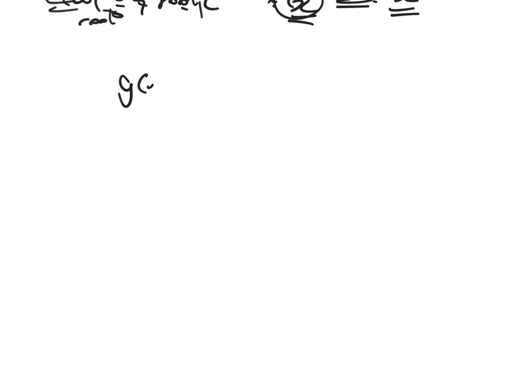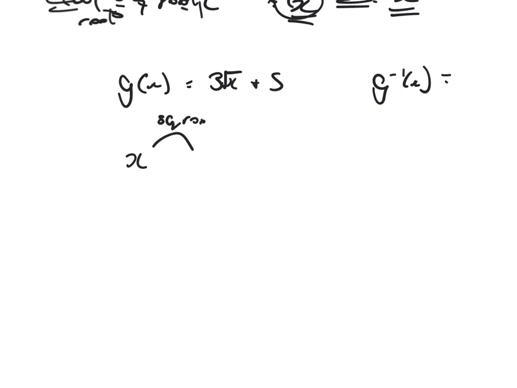Okay, so let's try another. g of x equals 3 root x plus 5. Find the inverse function. Okay, so we start with x, and then take the square root to get root x, then we multiply by 3 to get 3 root x, and finally add 5 to get 3 root x plus 5.